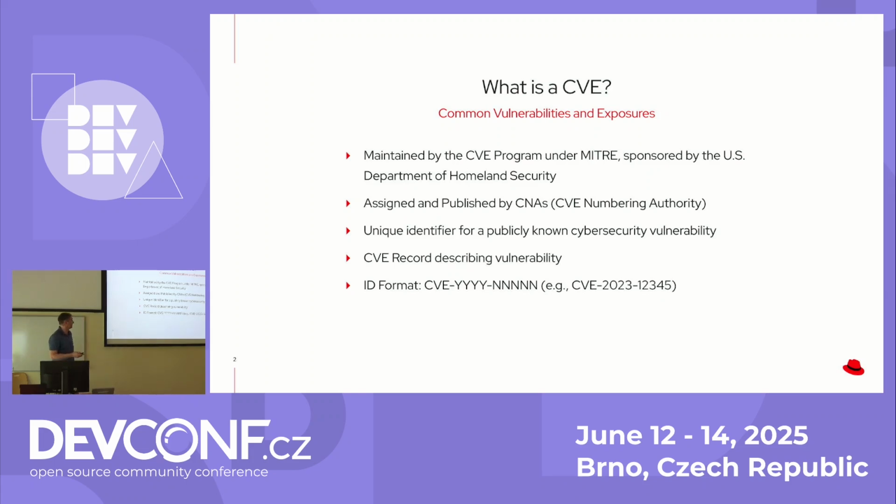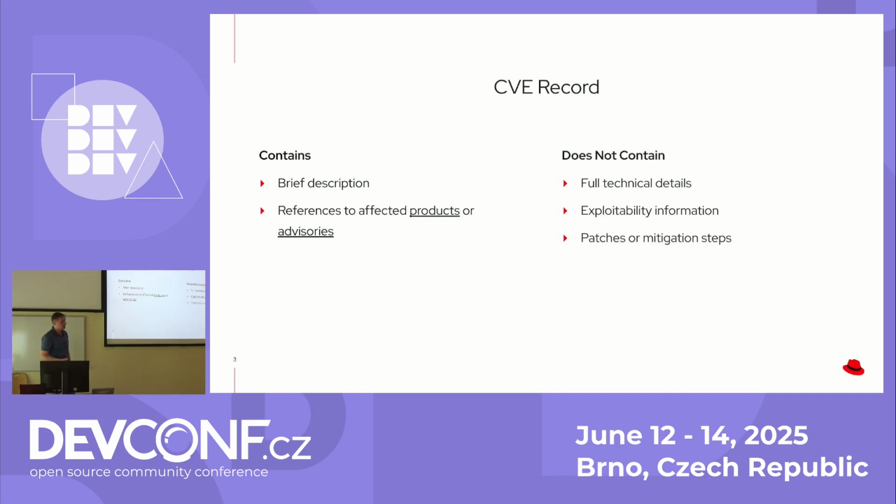Beyond the plain ID, a CVE contains a CVE record, again published as a first analysis, so to say, by one of the CNAs. The CVE record contains some information: a brief description of the vulnerability, and references to the products and further advisories that are related to this vulnerability.